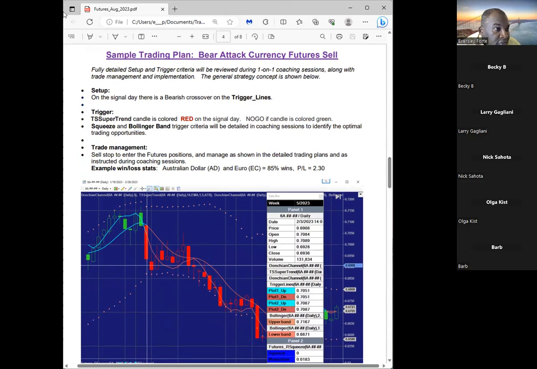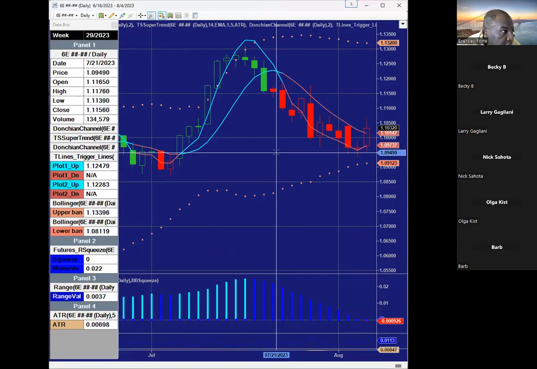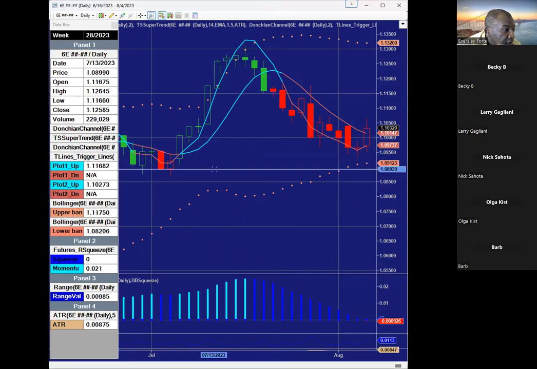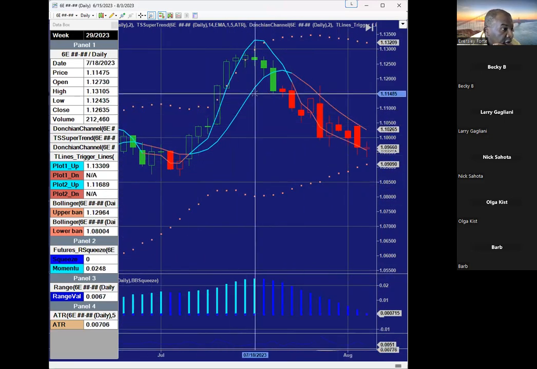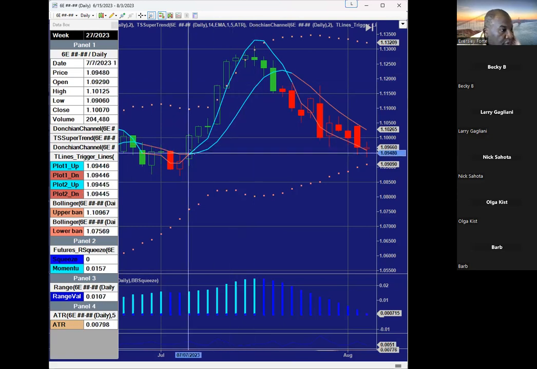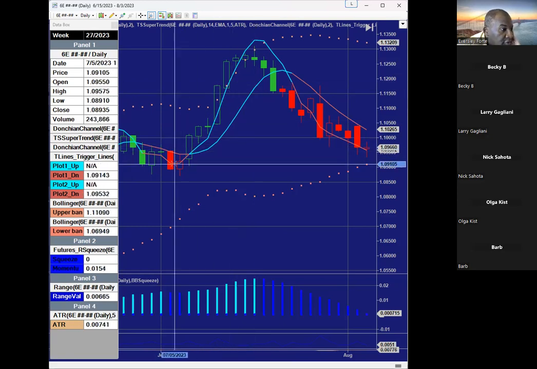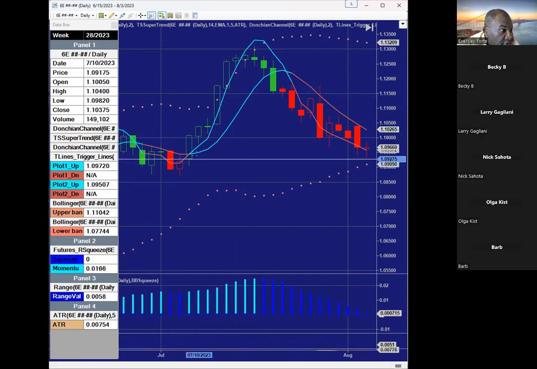Okay, now I'm going to go to the chart. You should be seeing a chart now. This is on NinjaTrader. These lines here are the trigger lines. This is a bullish cross. The lines cross up and they cross down.